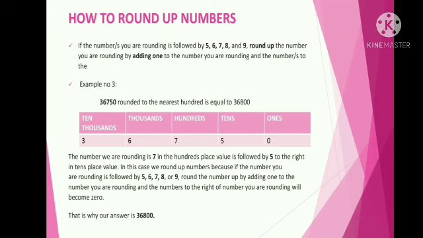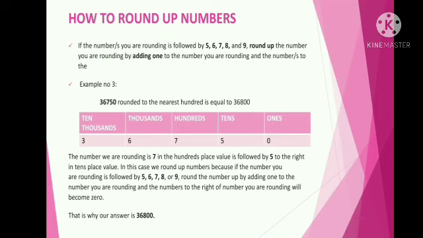In this case, we round up because if the number you are rounding is followed by 5, 6, 7, 8, or 9, round the number up by adding 1 to the number you are rounding. So the number we are rounding here is 7, so we add the 1. So 7 plus 1 becomes 8.